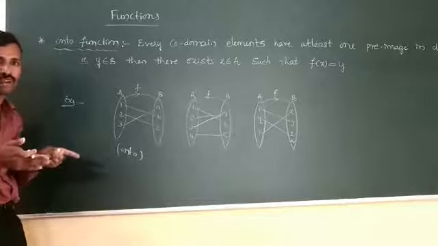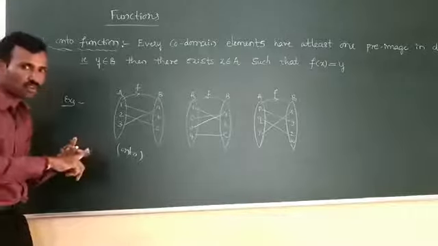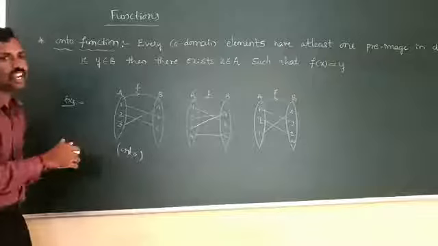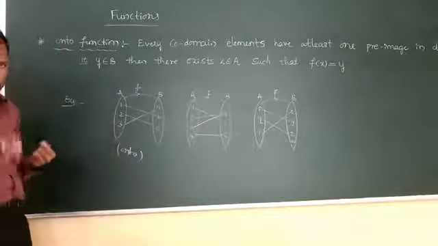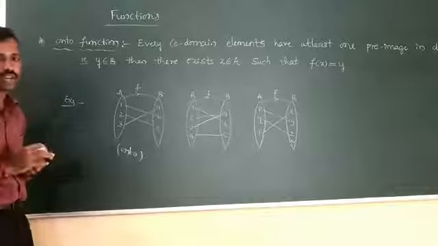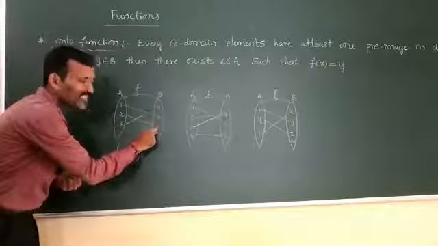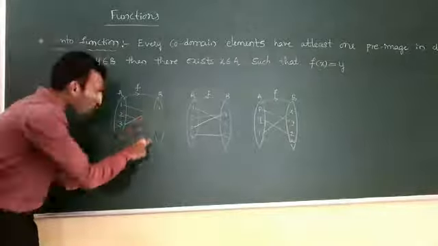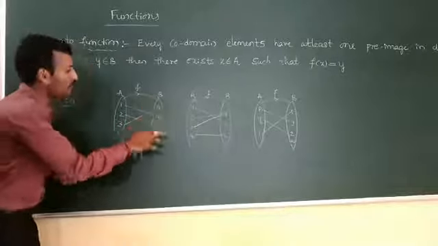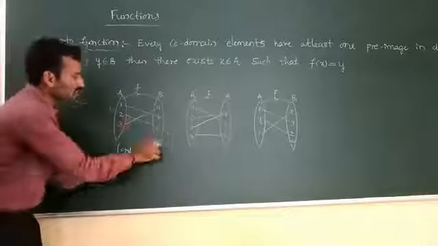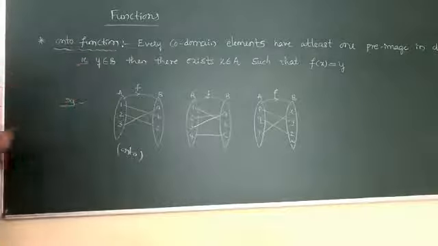You can use either definition, the first or the second. The second definition: f is a function from A to B, said to be onto if range is equal to codomain. The range elements are A, B, C, and similarly the codomain elements are A, B, C. That's why range equals codomain, and that function is called an onto function.